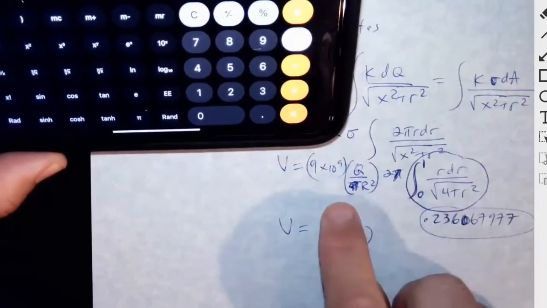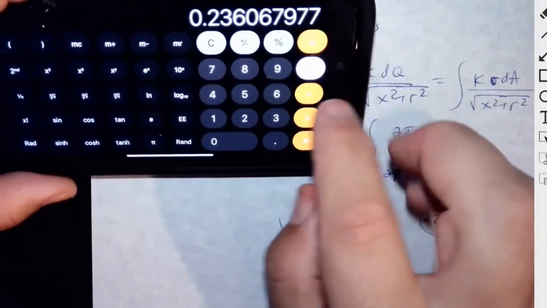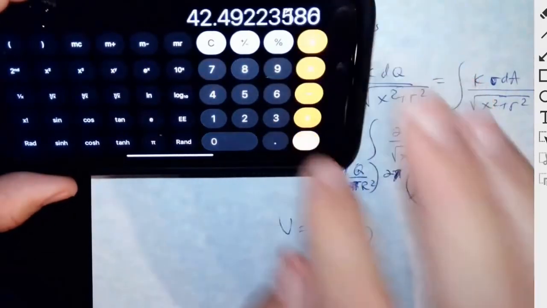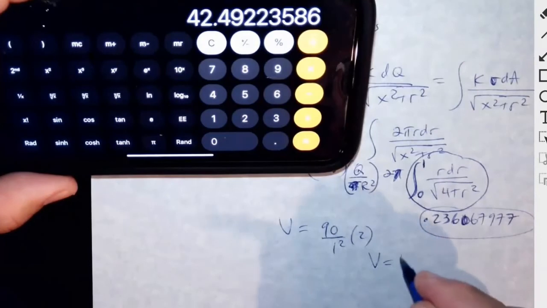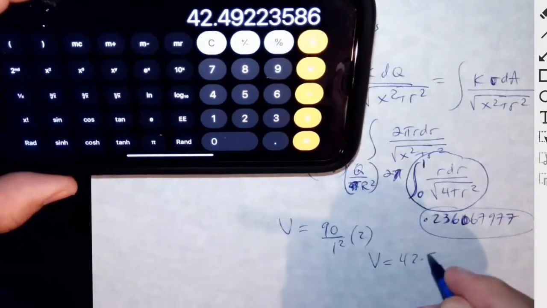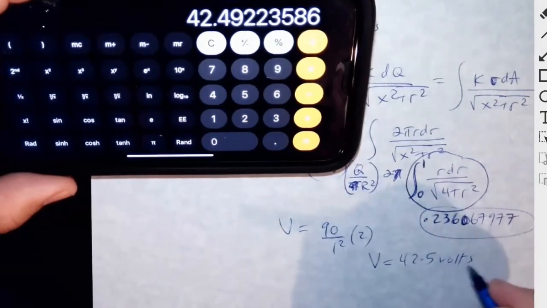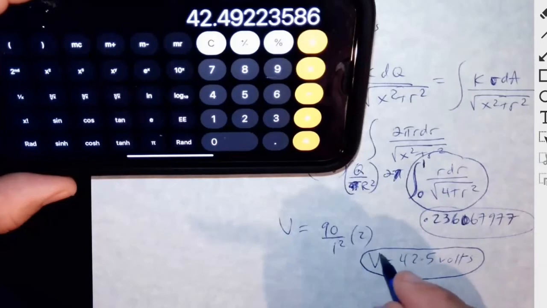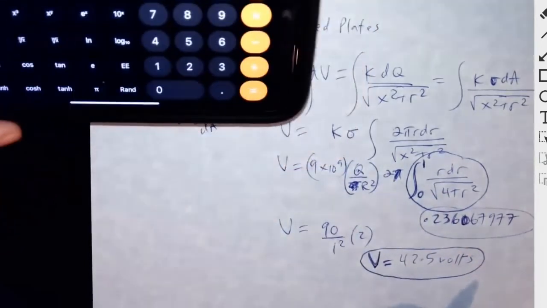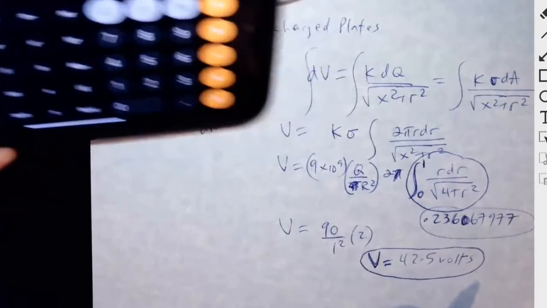The pi's have already canceled. That gives 42.5 volts.